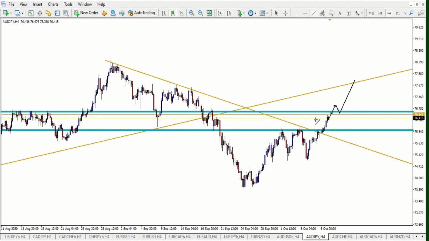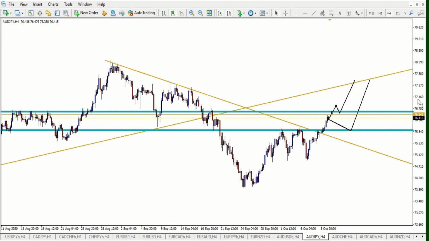A second scenario could be for the market to come to this zone, right? Retest that support, then make its way back up. It could break up there, retest, and move back up, but that's what we're potentially looking for. Alright.